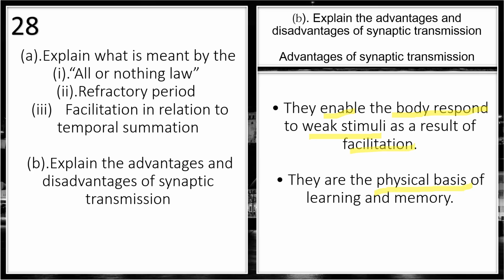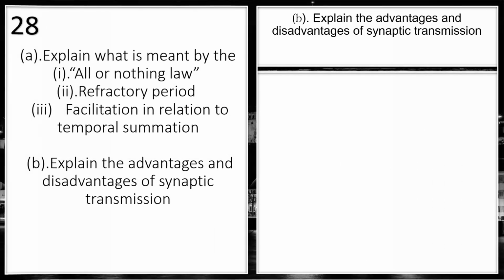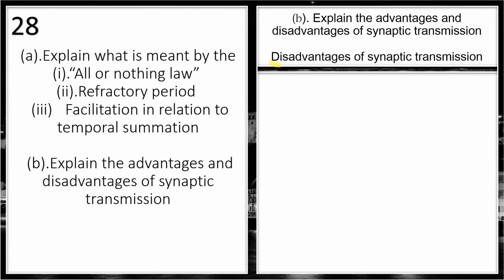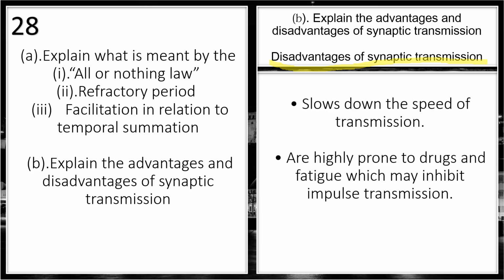They are the physical basis of learning and memory. Disadvantages of synaptic transmission. They slow down the speed of transmission. They are highly prone to drugs and fatigue, which may inhibit impulse transmission.